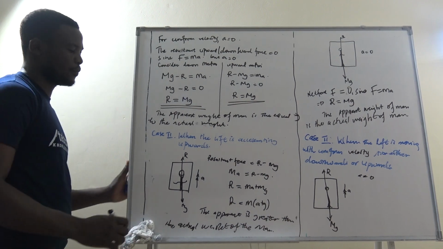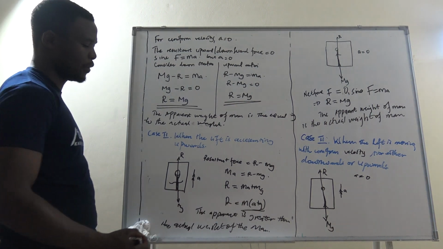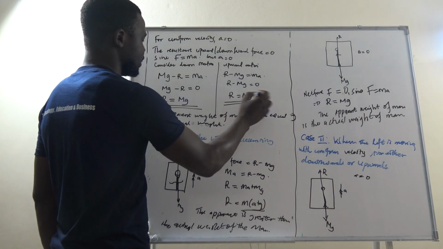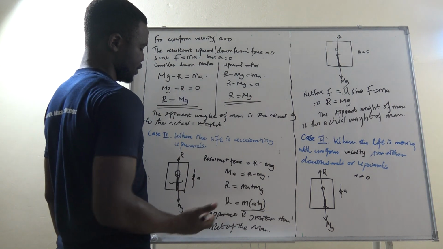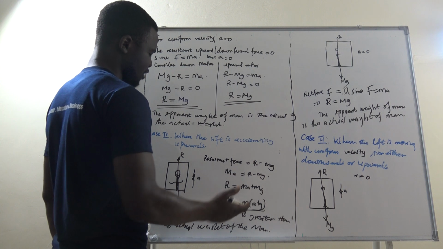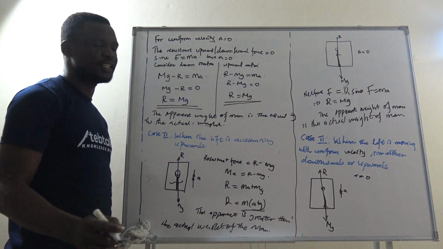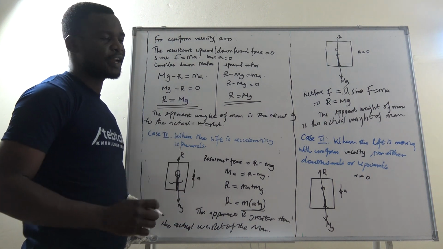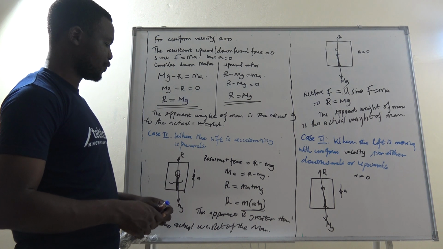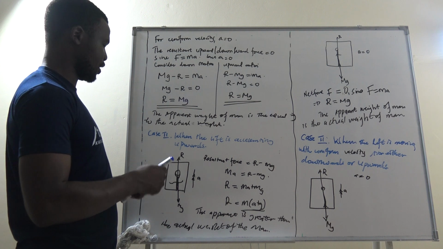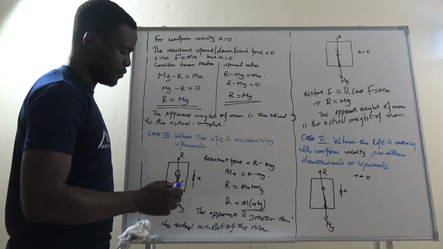The apparent weight here becomes greater than the actual weight of the man, because we know that the actual weight of the man is mg. Now, the moment we get an expression that is greater than mg, it means that the reading on the weighing scale is greater than the actual weight. So this has been case number 3.